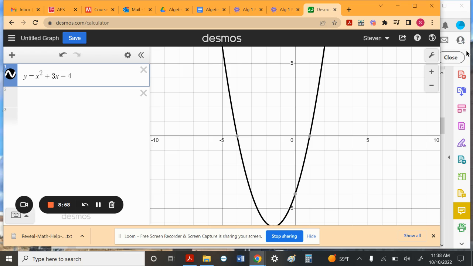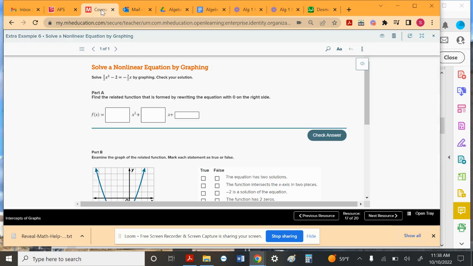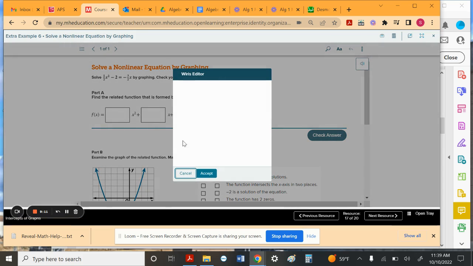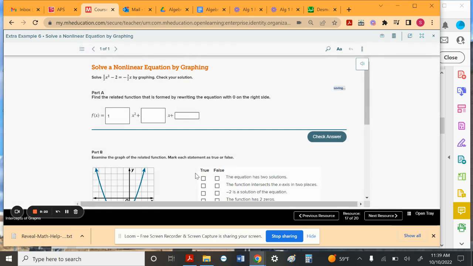That's something that we're going to understand a little bit later and see why that actually happens when that value changes. So in the first case, I have just 1x squared. When you're doing this, you have to click in here. I'm just going to put in a 1. I'm going to accept that because that value should just be 1.